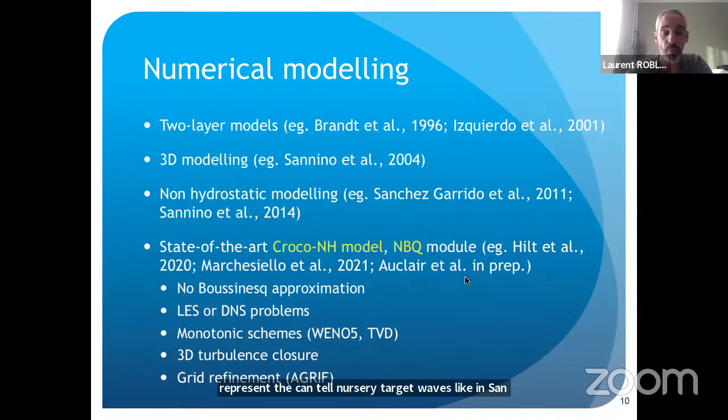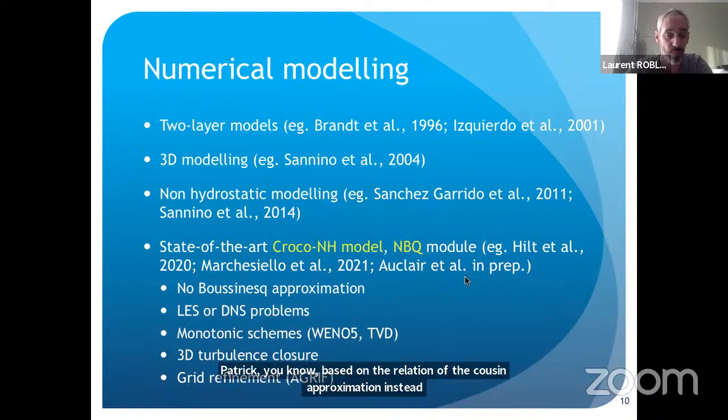And we complement this list here with the state-of-the-art CROCO model, the non-hydrostatic compressible approach presented just before by Patrick, based on the relaxation of the Boussinesq approximation instead of solving the Poisson solver.